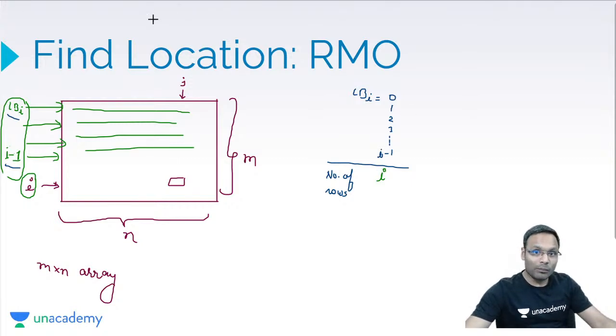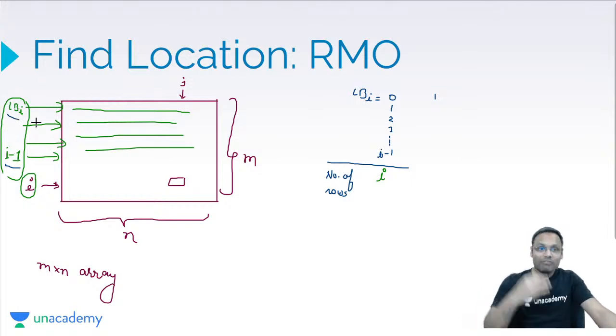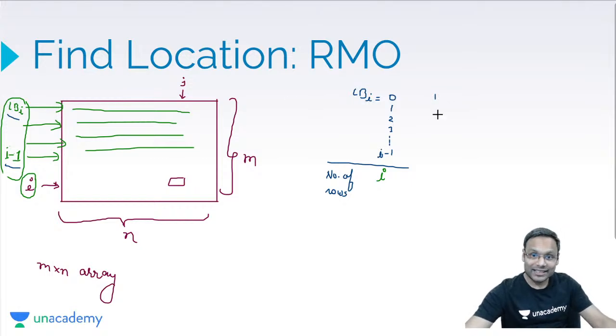If the lower bound of i is 1, the lower bound of i can be 1, the first row number can start from 1. In that case 1, 2, 3 up to i minus 1. How many total rows? 1 to i minus 1. How many rows? i minus 1.